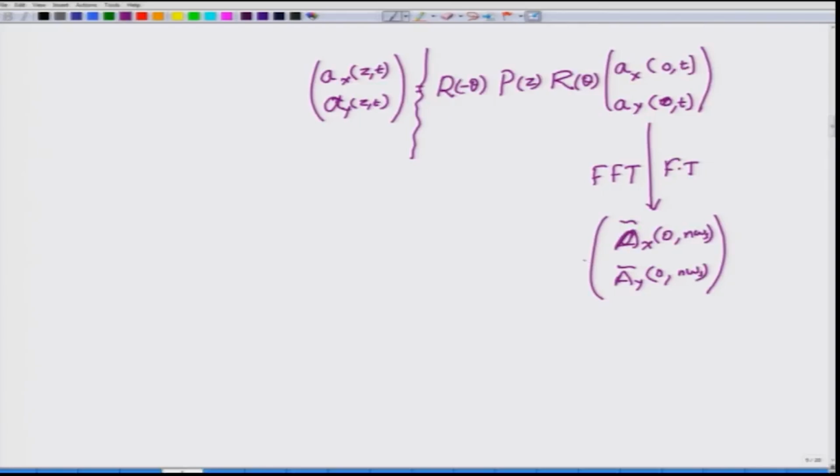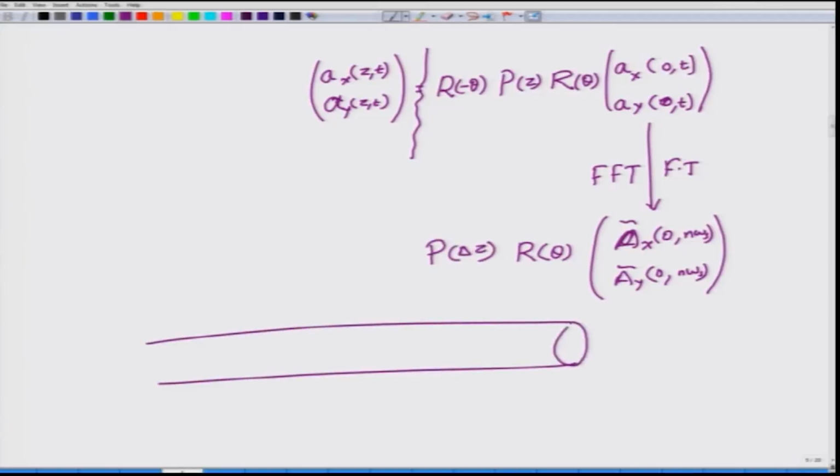And once you have this discrete Fourier transform, you are going to multiply it by R of theta, and then P of delta z, because you are going to assume that this fiber can be sectioned into many sections of delta z length. So, you multiply the propagation constant only over that delta z length, and then you have R of minus theta.